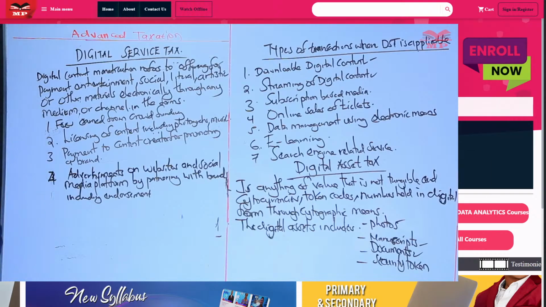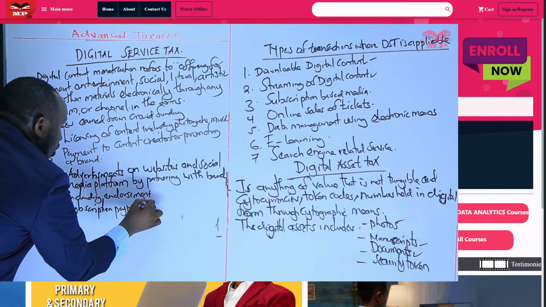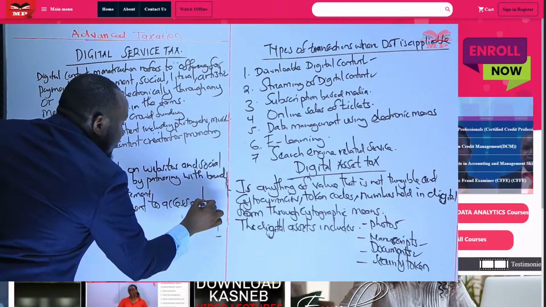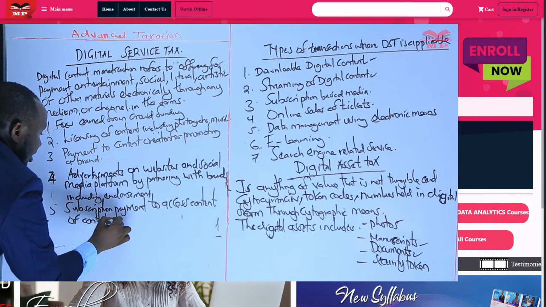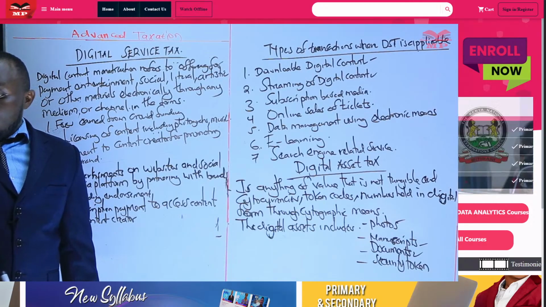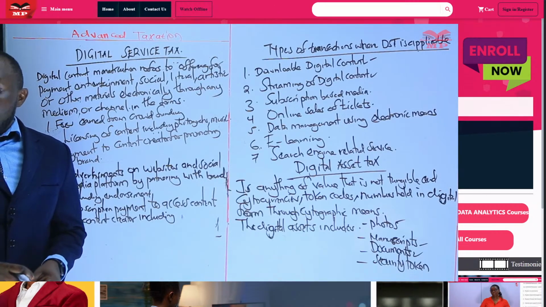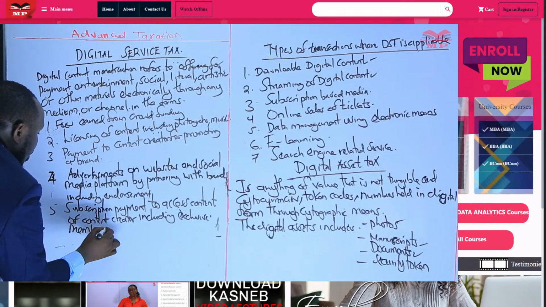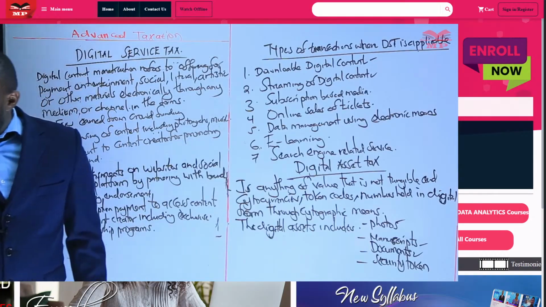And we can also talk about subscription payment to access the content of a content creator, including membership, where these content creators have exclusive membership programs.